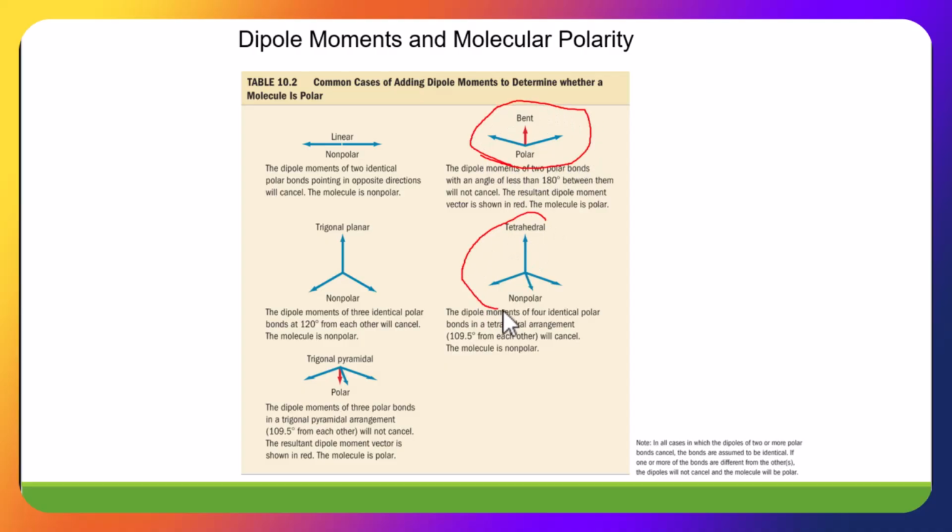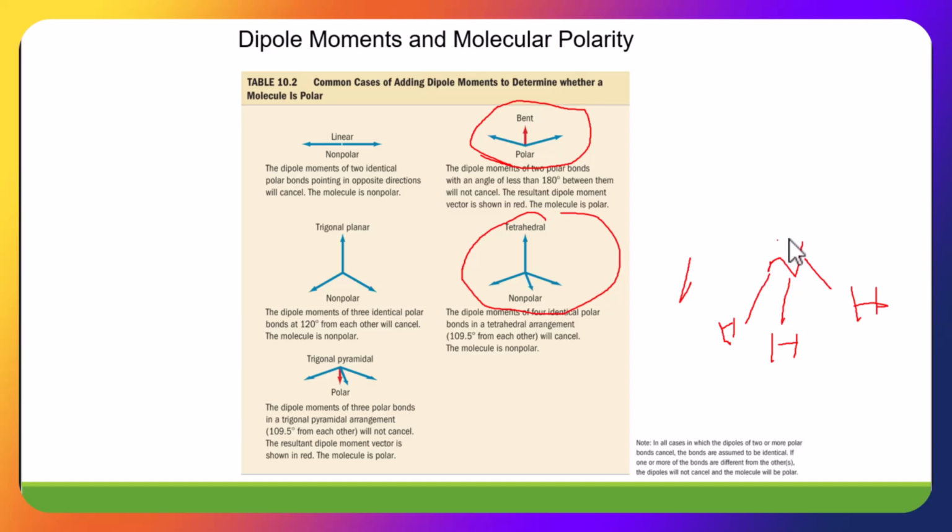Tetrahedral molecules can be nonpolar, but if you have something like, let's do nitrogen here and hydrogen. So here is ammonia, or a really terrible facsimile of ammonia.